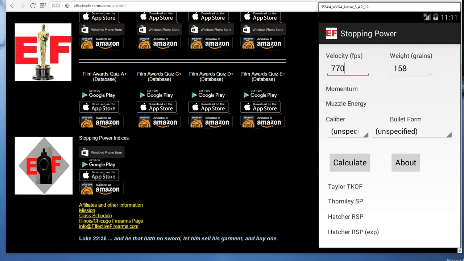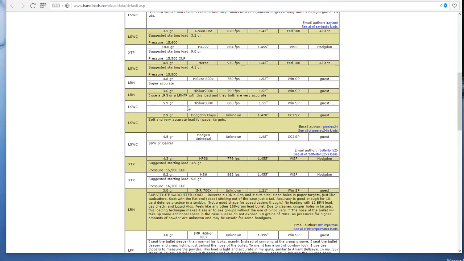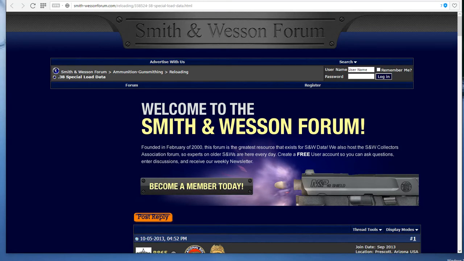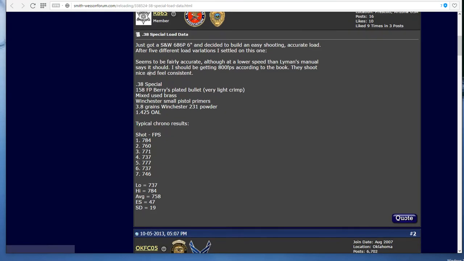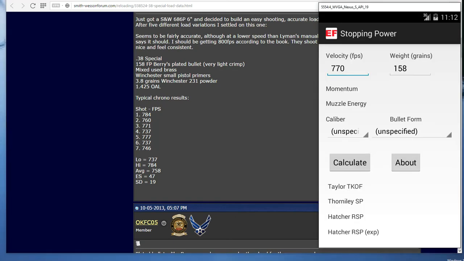Now, as indicated here, on hand loads, 770 is reasonable since that's between 750 and 790 in terms of velocity. And on the Smith & Wesson forum posting, we see 770 is within the range of velocity shown here on this page. So that's acceptable.